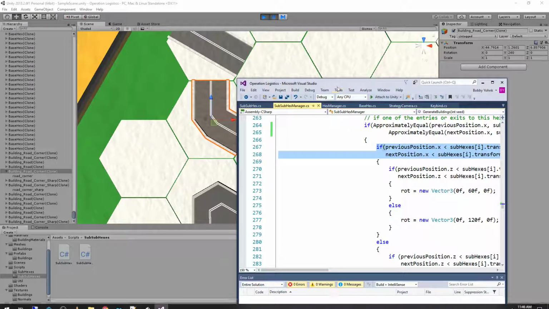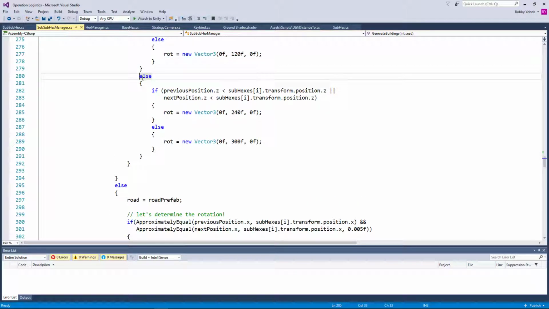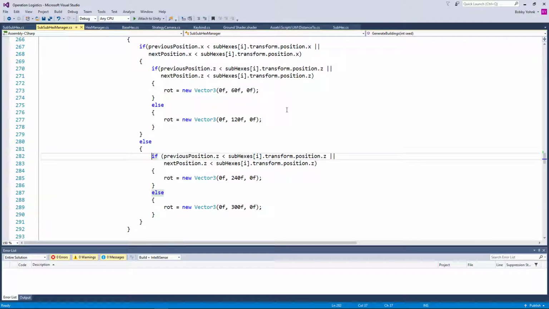So we completely skip this if, and we go into this else. So else, if previous position.z is less than subhexes, I think this is our issue here. We need this to be greater than our subhexes.